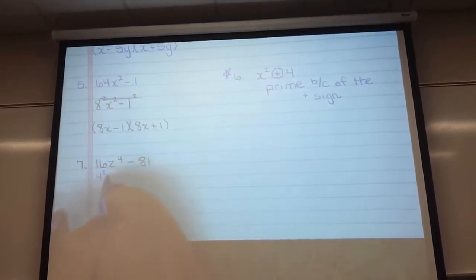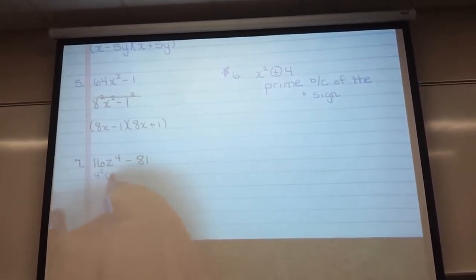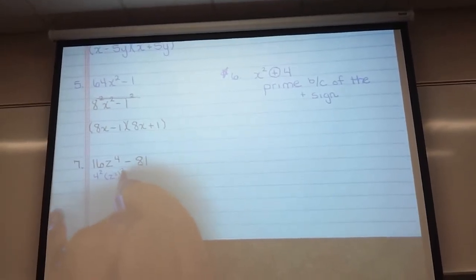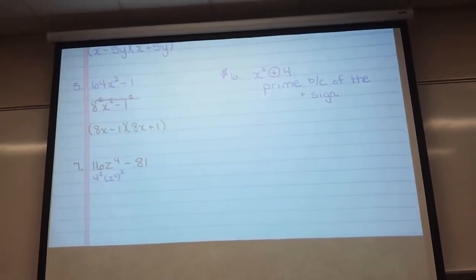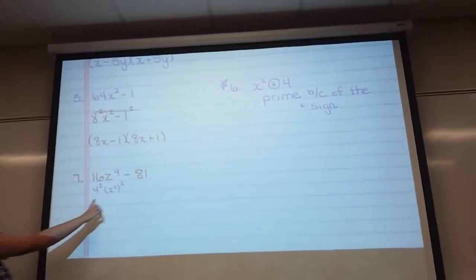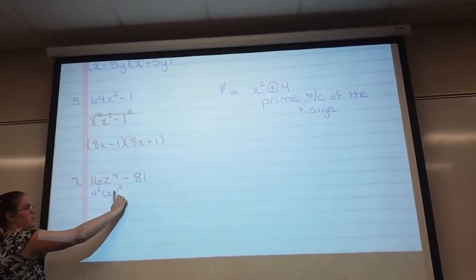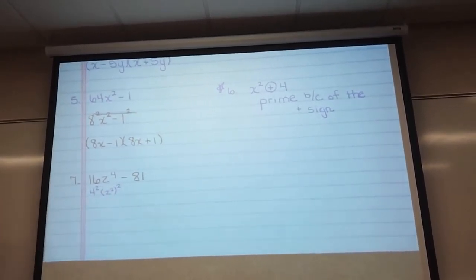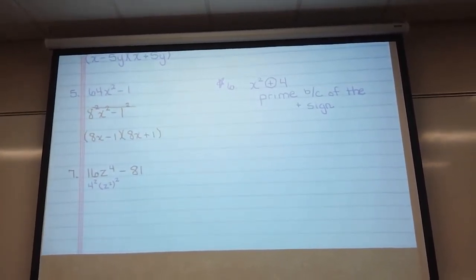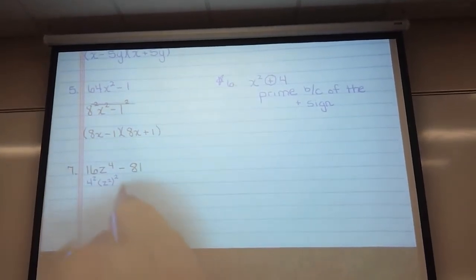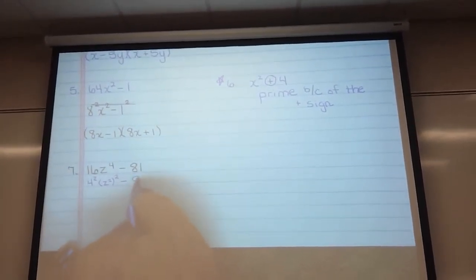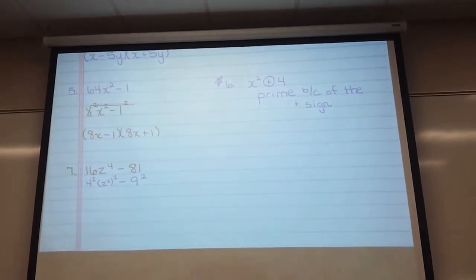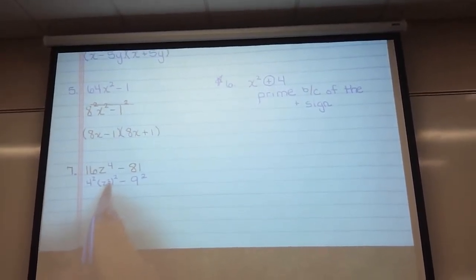Now watch carefully. The z to the 4th, you're going to write as parentheses z squared, squared. Every single time. Because I know my rule of exponents, if I multiply those, I'll get the 4. So it is written with a square. Everything has to have a square. Minus 9 squared. Okay. And now just swoop all the way around. Notice this little exponent in here, you don't touch it.